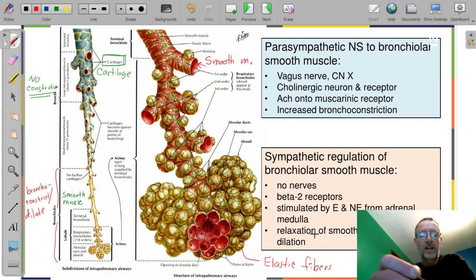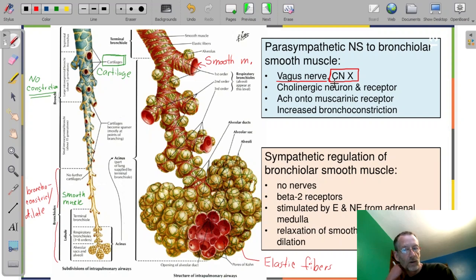So let's start with the parasympathetic system on the top in the blue box. The parasympathetic, going to the bronchiolar smooth muscle in the lungs to be specific, is carried by the vagus nerve, which is cranial nerve number 10, if you had to learn that in A&P 1. If you didn't, don't worry about it. But these are cholinergic neurons, and they use a cholinergic receptor. Cholinergic, of course, is referring to acetylcholine, ACh.